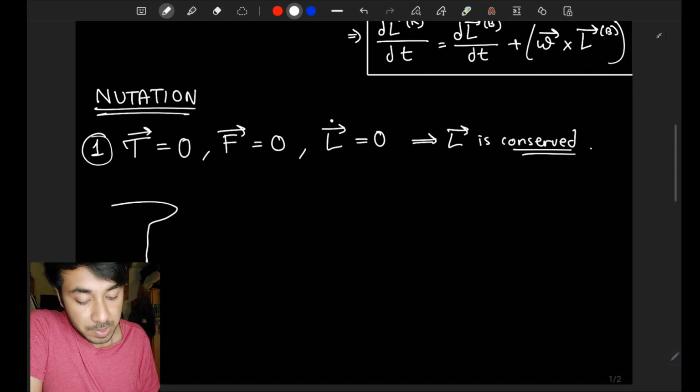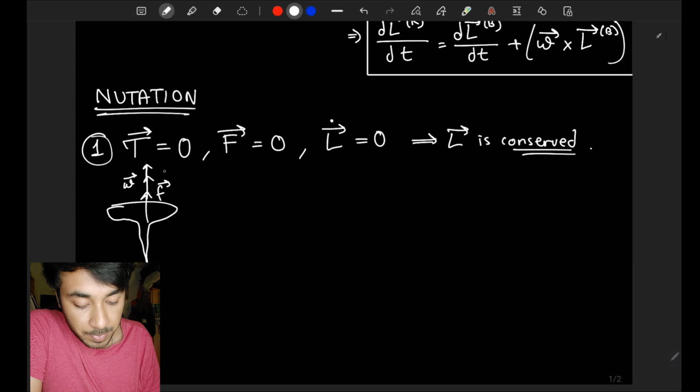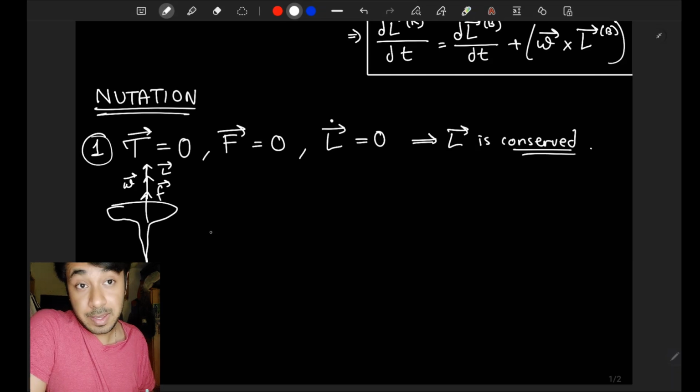This is very important because now let's say we have a top like this, and we have the symmetry axis, we have the angular velocity axis, and we have the L all pointing in the same way. And what you do is give a push in its symmetry axis, and it just bends a bit.